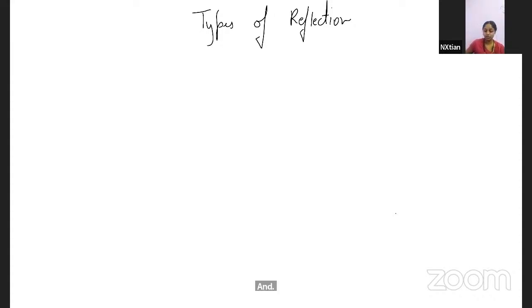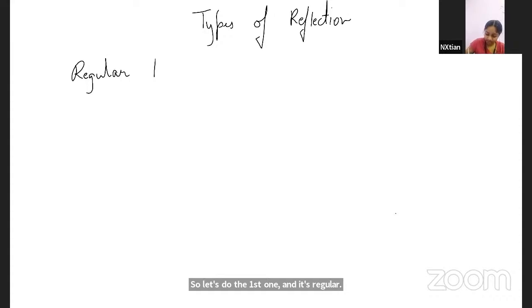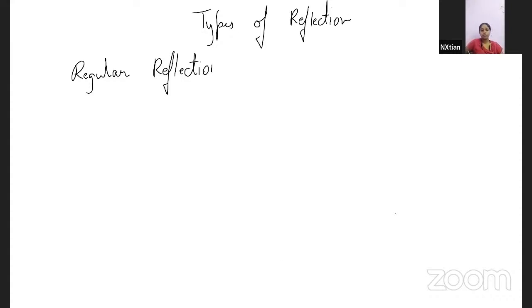Let's do the first one, that is regular reflection. What happens?